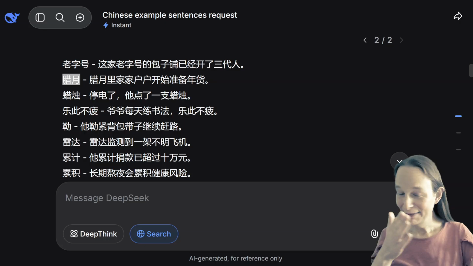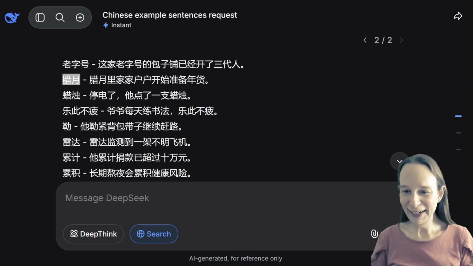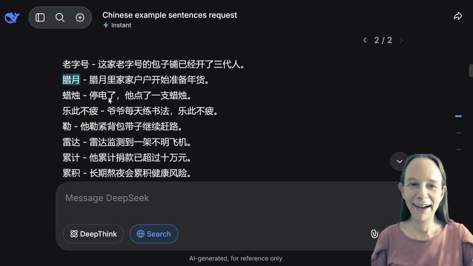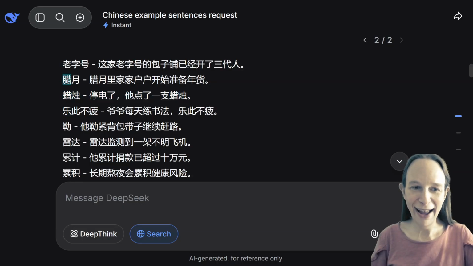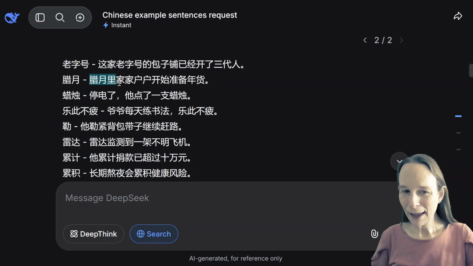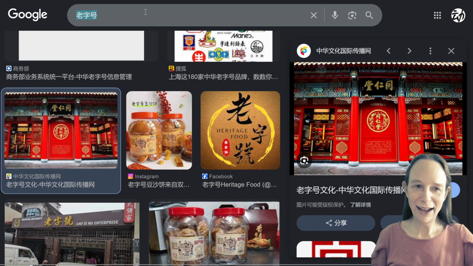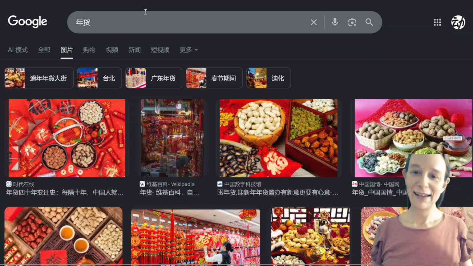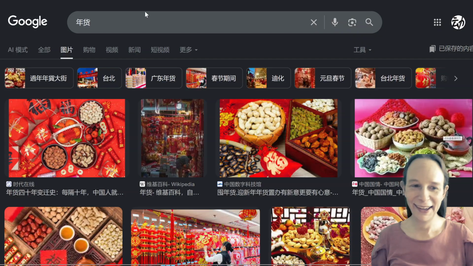Okay, so do you remember what this is from a minute ago? 腊月. And it's not this la, this is wax candle. 腊月里家家户户开始准备年货. You know what 年货 is? 年货 are this sort of thing.